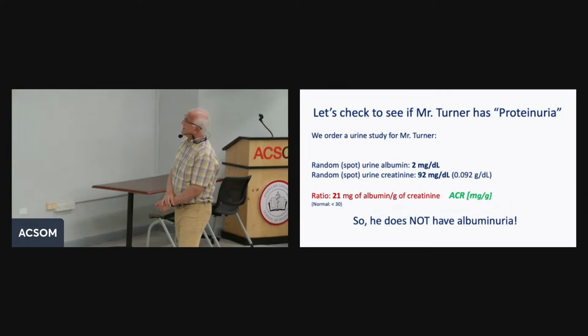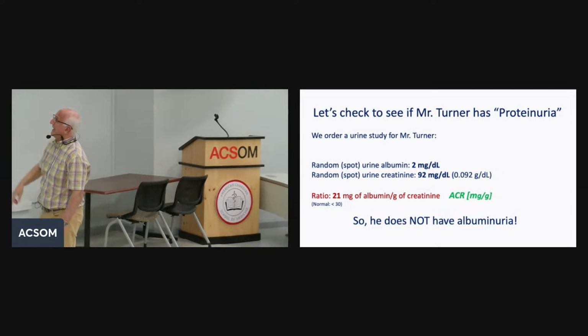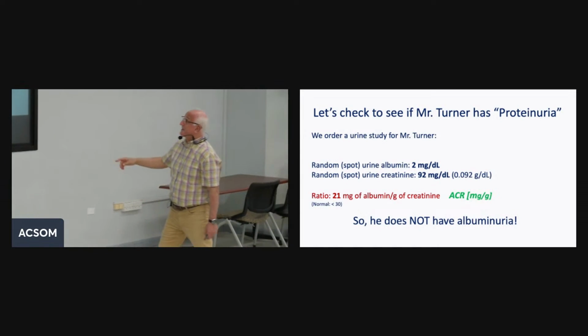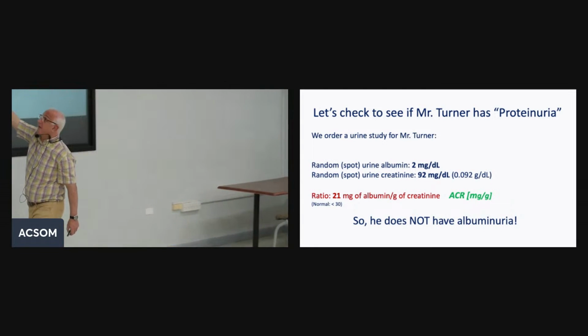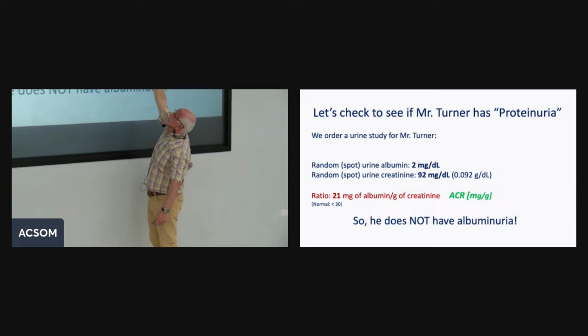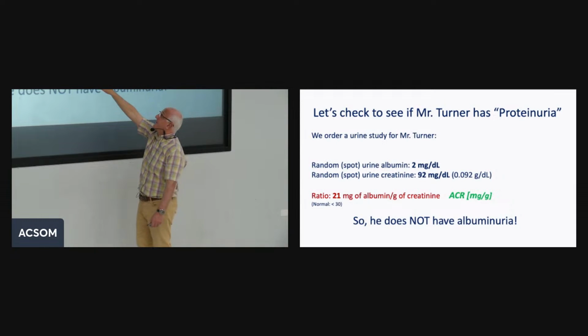Okay, let's check if Mr. Turner has proteinuria. Turns out that his random urine albumin is 2, random urine creatinine is 92. And see, for the units, I had to go to gram. So deciliter, with that deciliter will be canceled. I will be left with milligram per gram. Keep that in mind. The units are super important in nephrology.